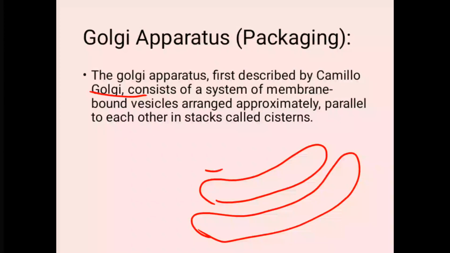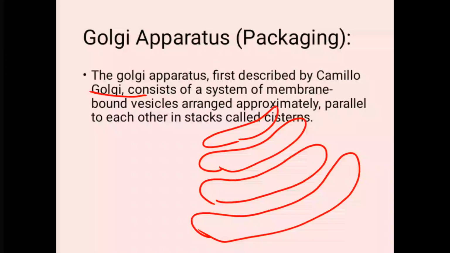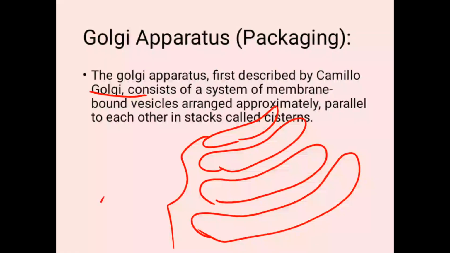Mostly it is said to be a packaging material. Why? Because if you are arranging coins, how it looks, the Golgi apparatus resembles the same way. These are all said to be cisternae.